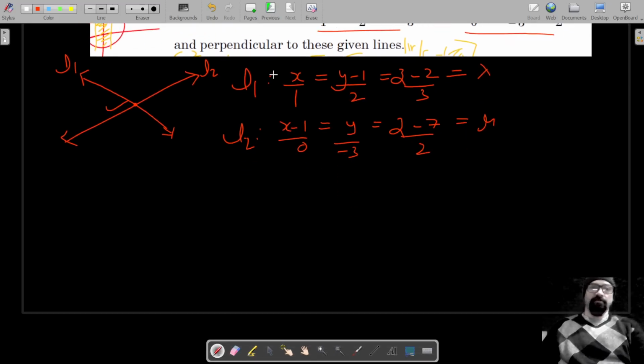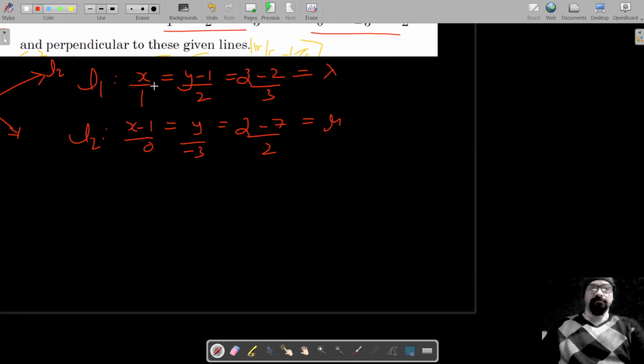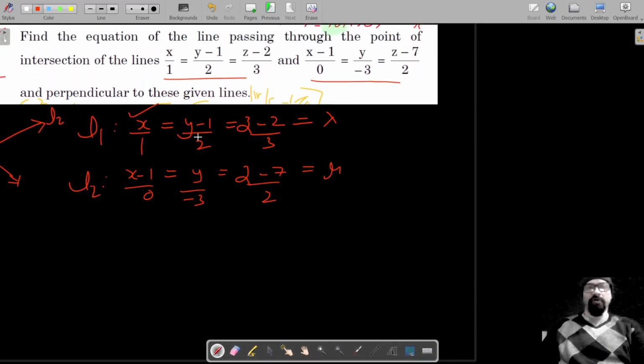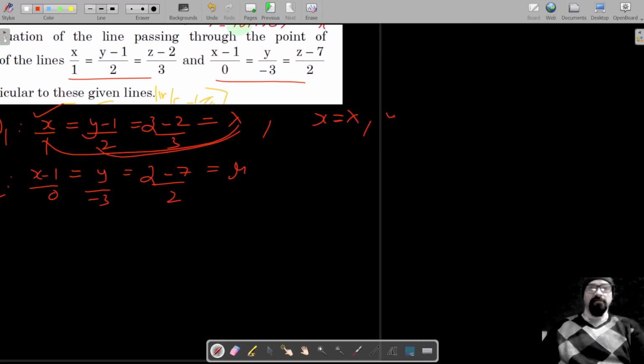So the points that lie on L1 are of the form x is equal to lambda, y is equal to 2 lambda plus 1, and z is equal to 3 lambda plus 2.